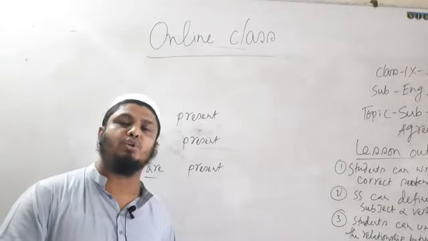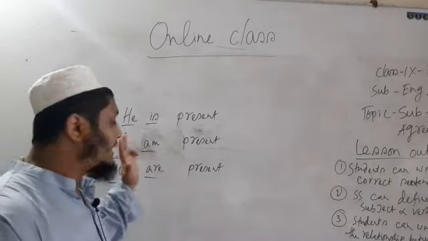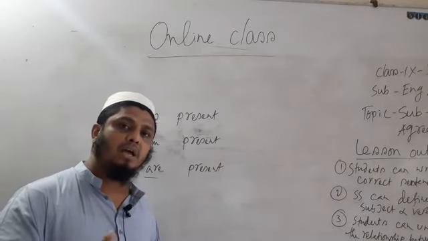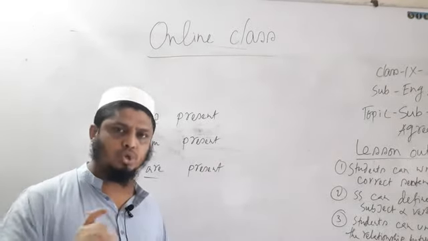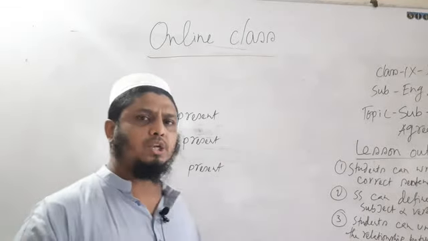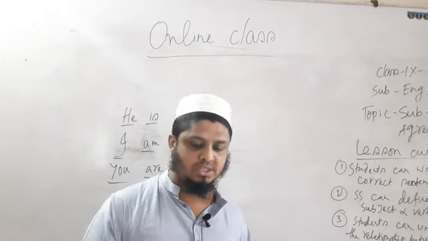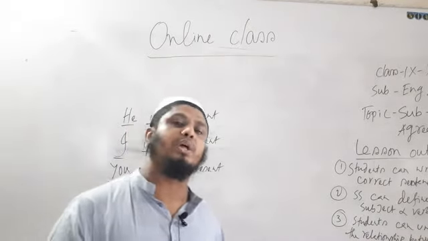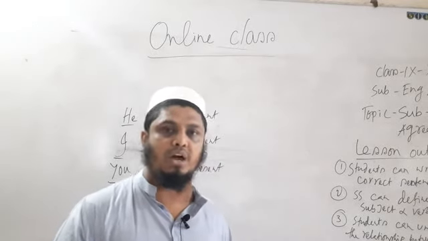From this point of view, we can say that a subject takes a verb, and another subject may take another verb. So there should be an agreement between subject and verb. Okay students, that's why our today's topic of discussion is subject-verb agreement.